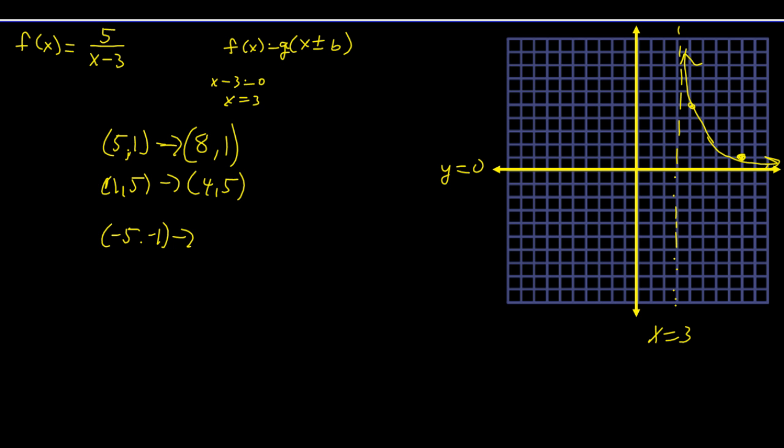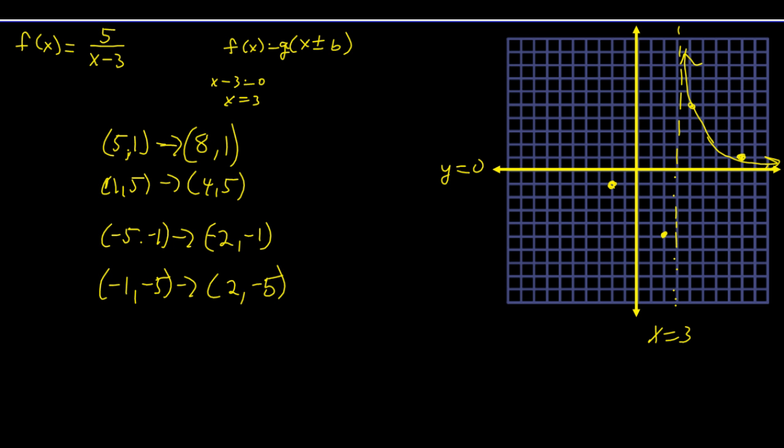Now gets moved 3 spaces to the right, so -2, -1. And our -1, -5 gets shifted 3 spaces to the right, so that becomes +2, -5. So +2, 1, 2, 3, 4, 5.